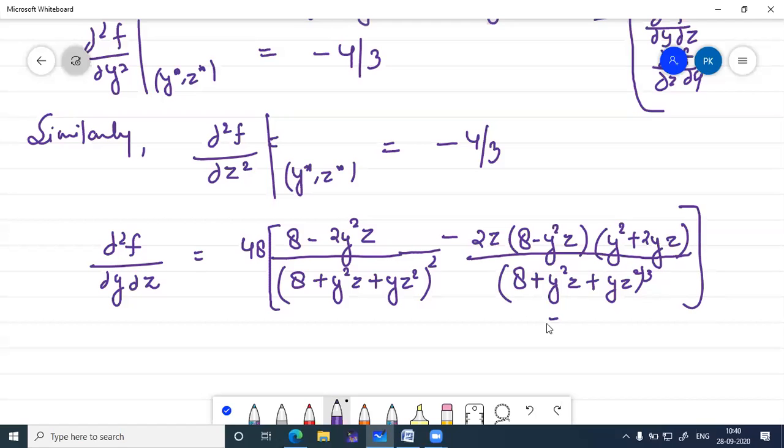And this is the same value for del 2f by del z del y. Both will have this same value.